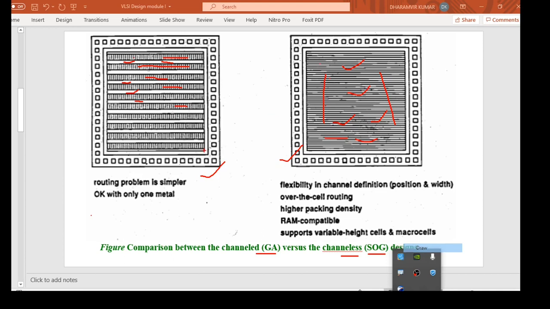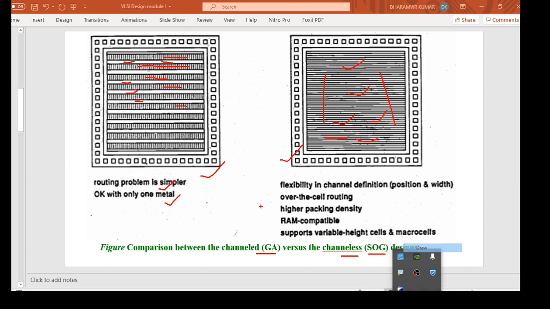Here the routing problem is simpler because specific fixed spaces are provided for fabricating those routings, with only one metal layer. Mind that we can have a single metal layer IC or multiple metal layers. Nowadays it is a very common practice to have an IC with multiple metal layers.